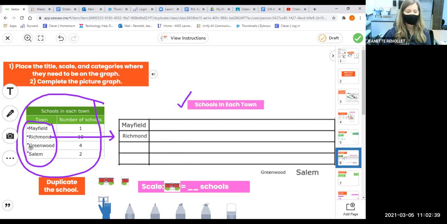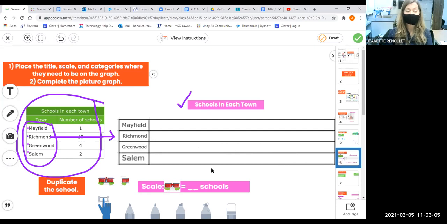Keep going. Next says Greenwood. If my category says Greenwood, I need to write a category that says Greenwood. I'm going to drag it and put it on my graph. Our last one says Salem. I see Salem. I'm going to match it to my frequency table.